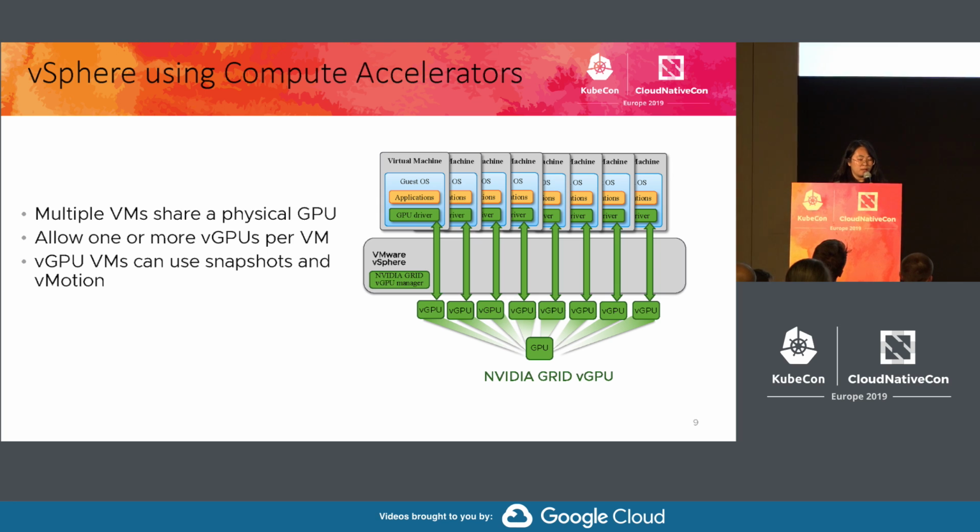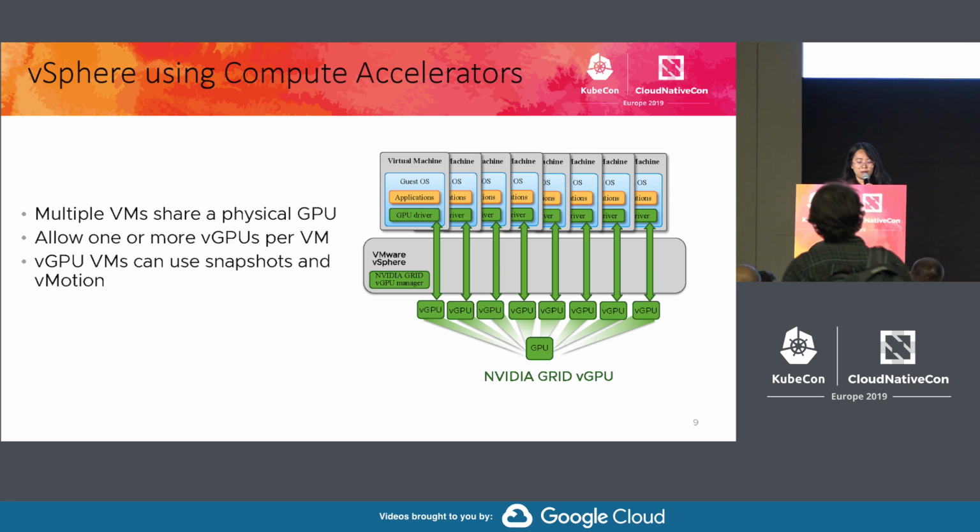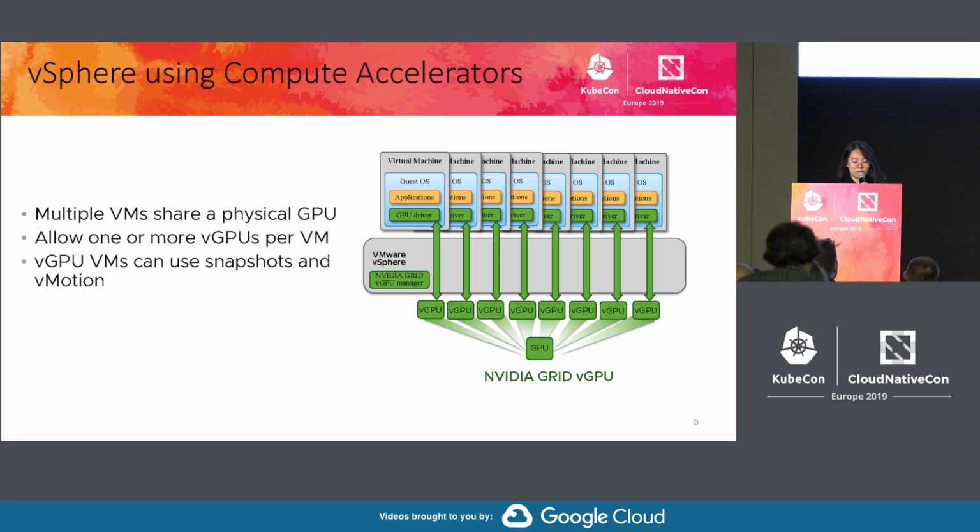Now you can define the pod to use the virtual GPU. Here we use the NVIDIA device plugin as an example. It discovers virtual GPU resources like physical GPU resources and reports the discovered resources to the kubelet.